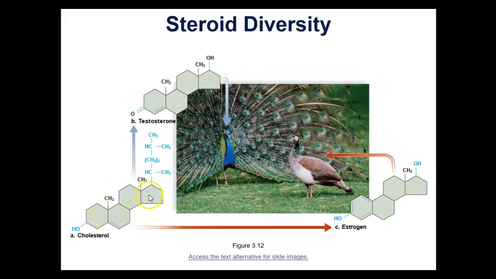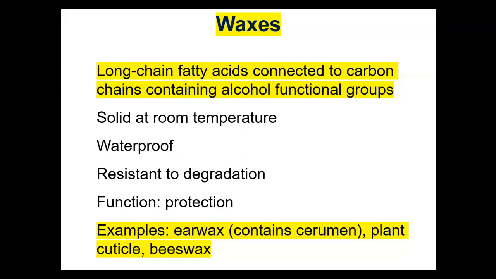This is cholesterol, a 4-ring structure. Testosterone has a few changes, but still a 4-ring structure. And estrogen, same thing. So cholesterol is the precursor for sex hormones, testosterone and estrogen. And cholesterol is also found in the plasma membrane, along with phospholipids.